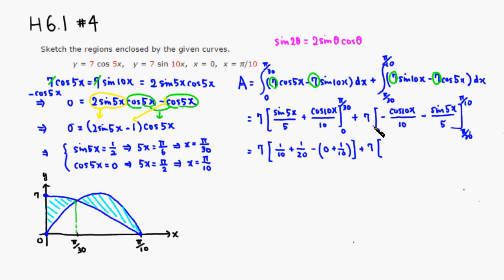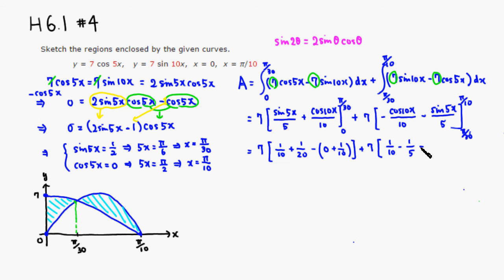If you plug in pi over 10, cosine of pi is negative 1, so it's 1 over 10, minus sine of pi over 2, which is 1, so it's minus 1 over 5.